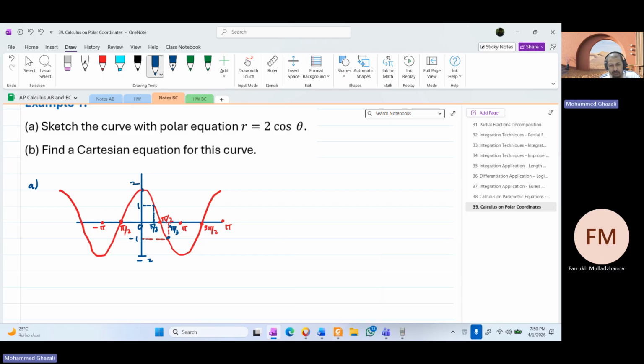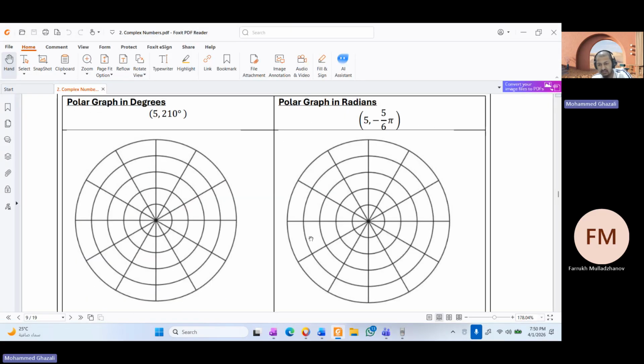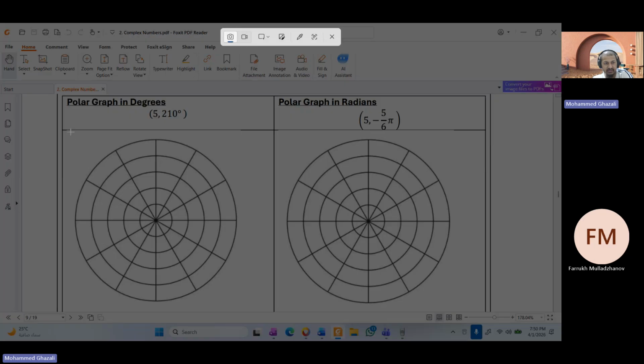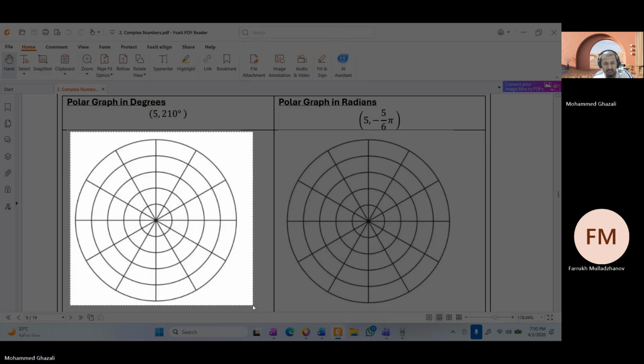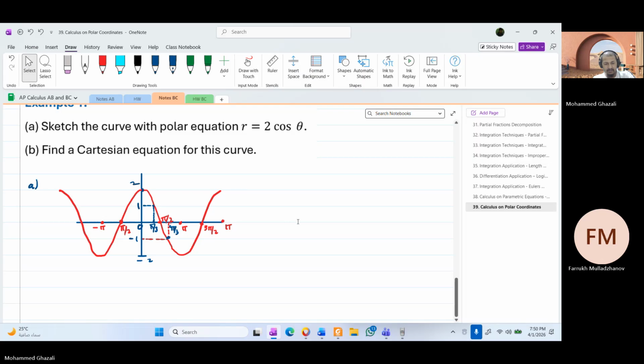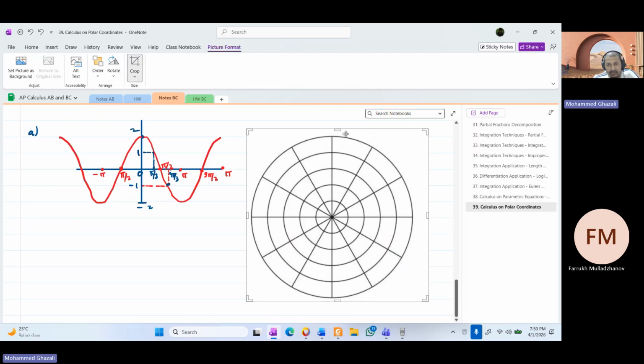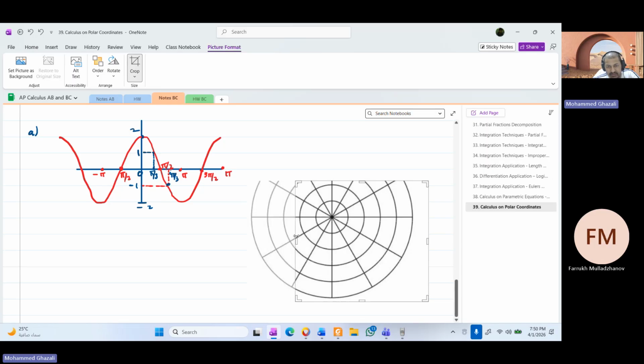Now, for your polar curve, let me use the circle over here. It will make more sense. I just need up to 2 points, right? So I don't need such a big circle.